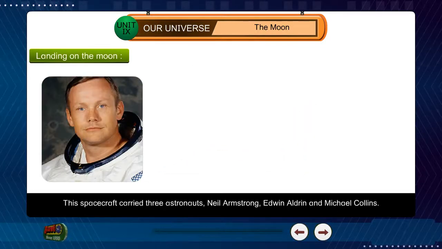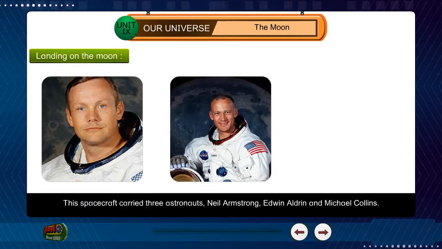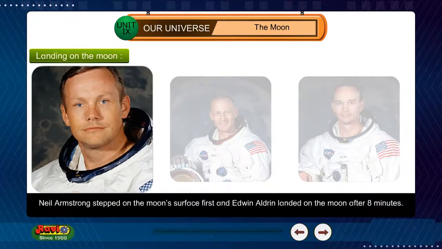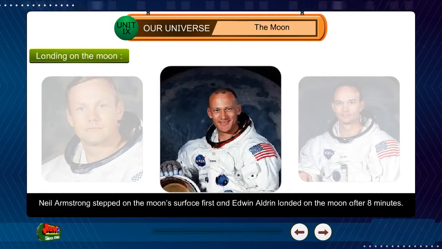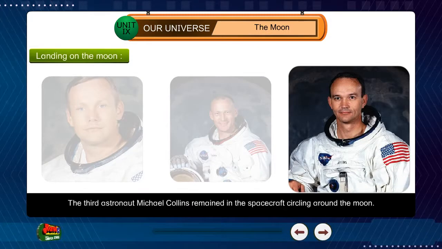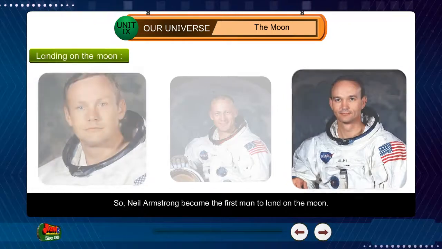The spacecraft carried 3 astronauts, Neil Armstrong, Edwin Aldrin, and Michael Collins. Neil Armstrong stepped on the moon's surface first, and Edwin Aldrin landed on the moon after 8 minutes. The third astronaut, Michael Collins, remained in the spacecraft circling around the moon.